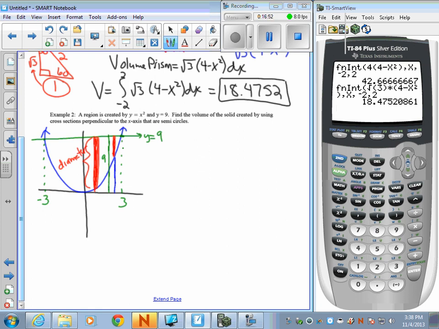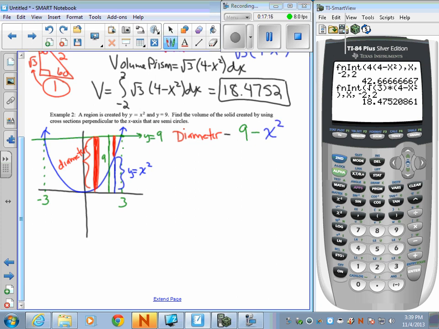I would need to take that away to be left with the smaller red piece there. And this right here is y is equal to x squared. So that means that my diameter is going to be top, which is 9, minus the bottom, which was the y, which is x squared.